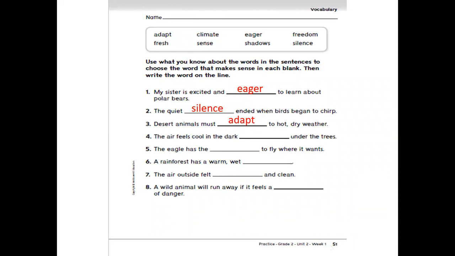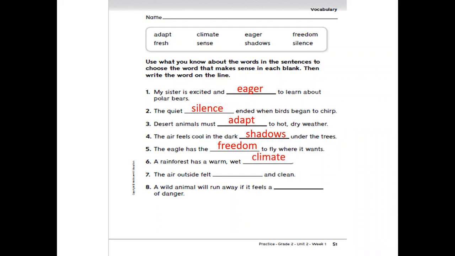The air feels cool in the dark under the trees. So here there is a tree in front of the light, so we can find shadows under the tree. So the air feels cool in the dark shadows under the trees. The eagle has the freedom to fly where it wants. A rainforest has a warm, wet climate.